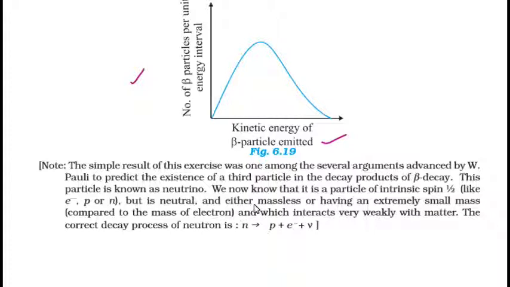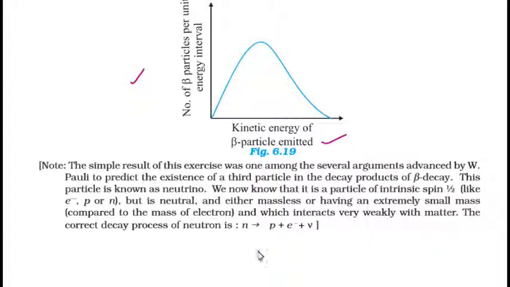We now know that it is a particle with intrinsic spin half, like the electron, proton or neutron, but neutral, and either massless or having extremely small mass compared to the mass of the electron, and which interacts very weakly with matter.